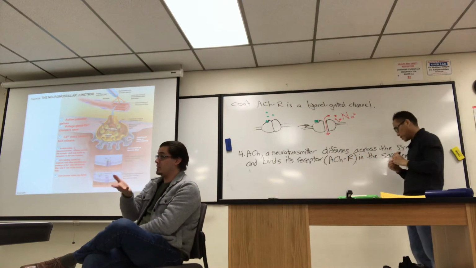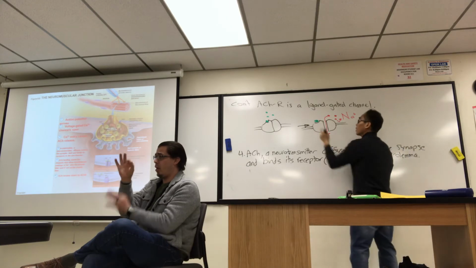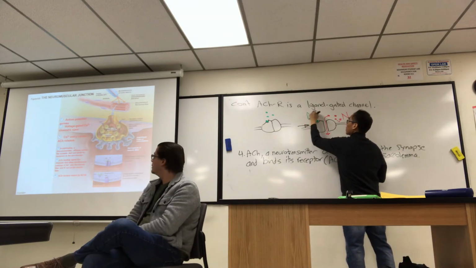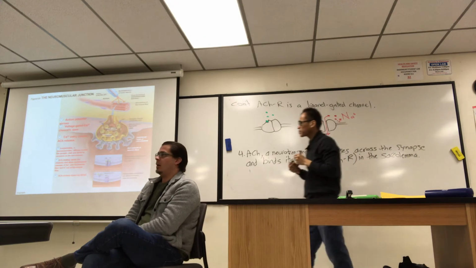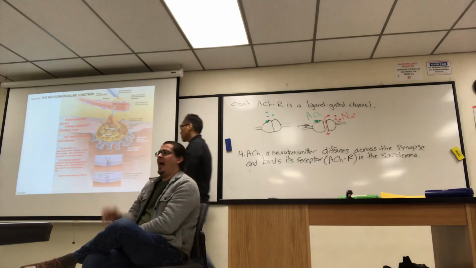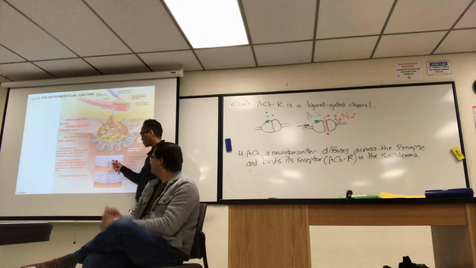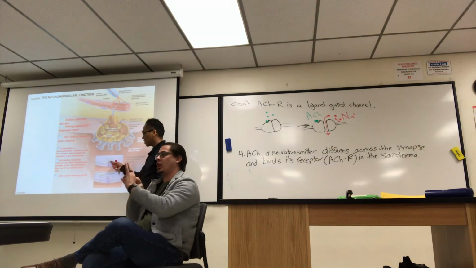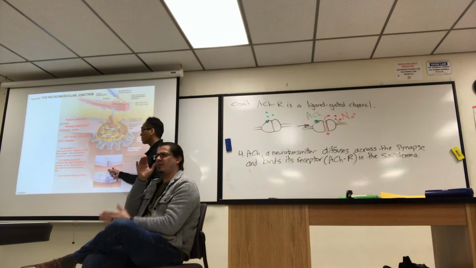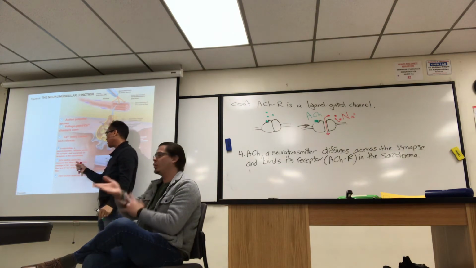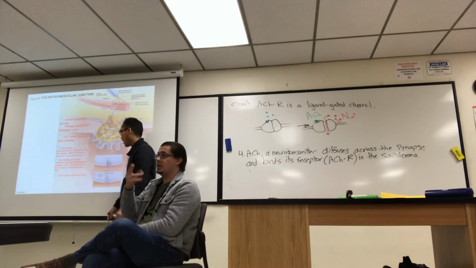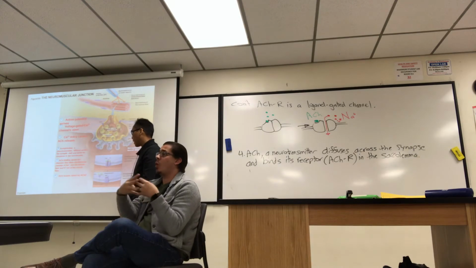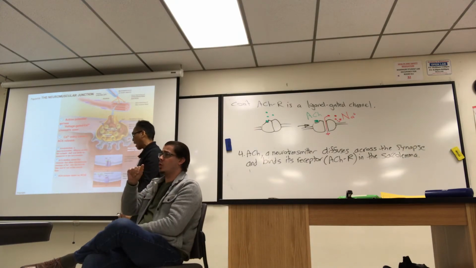Remember, the green balls are ACH. So that's what step 4 is. It's showing it to you there. It also shows the passage of potassium, but just focus on the sodium influx. ACH binding opens ion channels that allow simultaneous passage of sodium into the muscle fiber and potassium out of the muscle fiber.